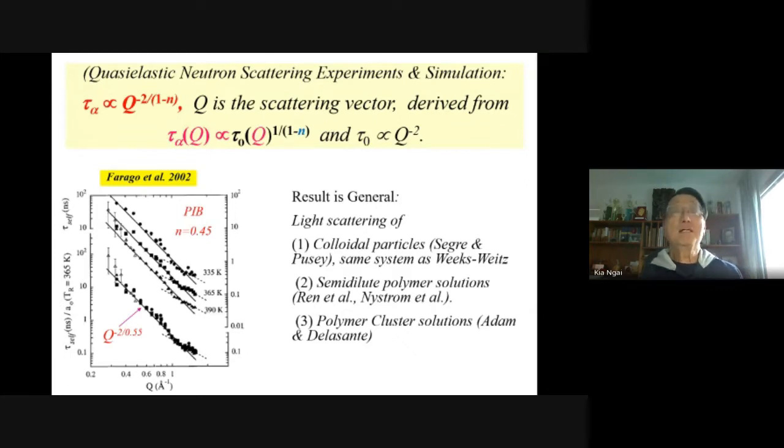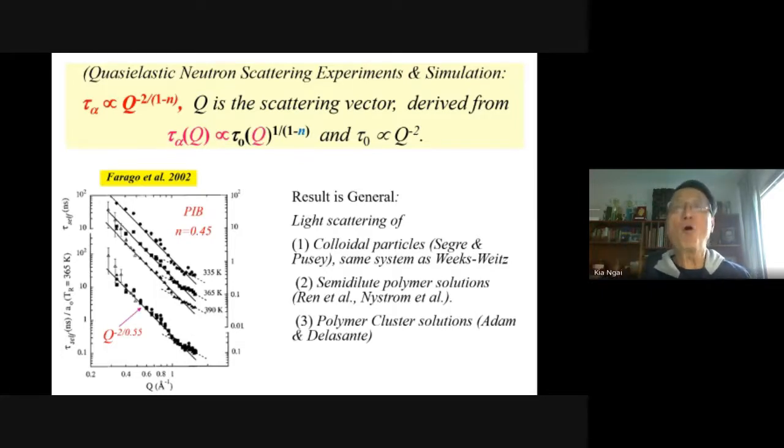And again, this can be discussed in terms of that Q dependence, that equation. Without writing the equation again, you see on the bottom of the top part, tau alpha of Q is proportional to tau 0 of Q to the 1 over 1 minus n. That's because of that equation. I just don't write down the TC and all that, but just give the Q dependence modification by the exponent 1 over 1 minus n.